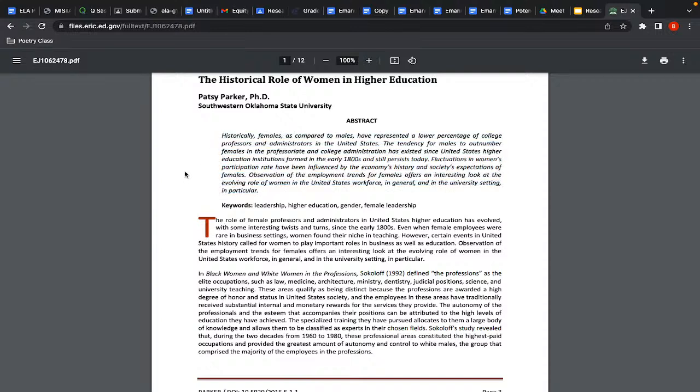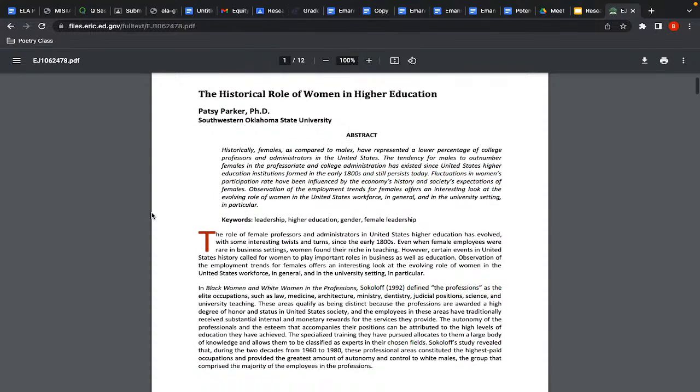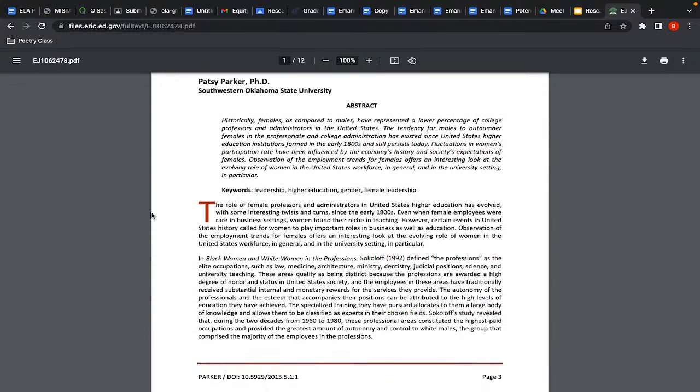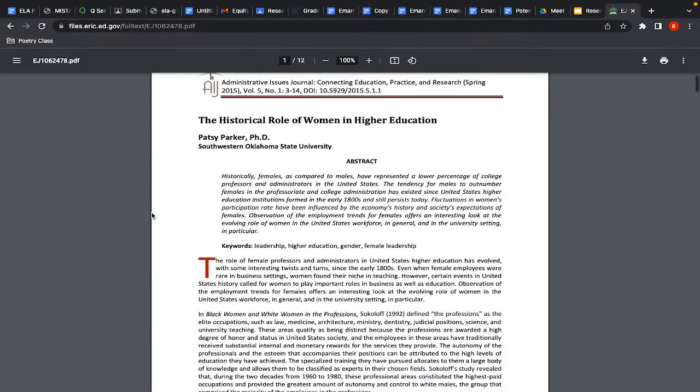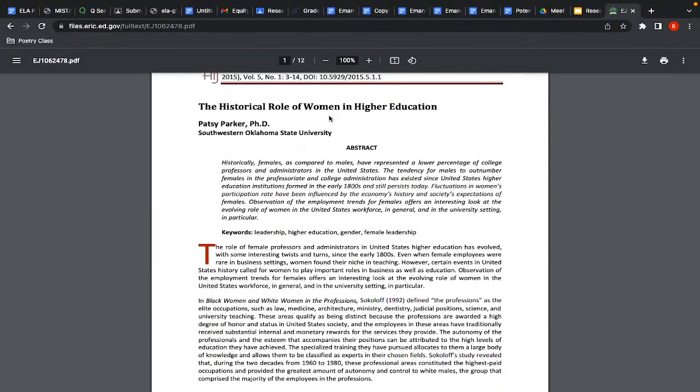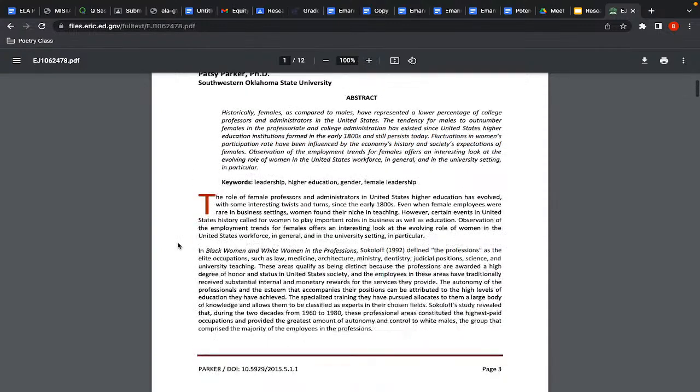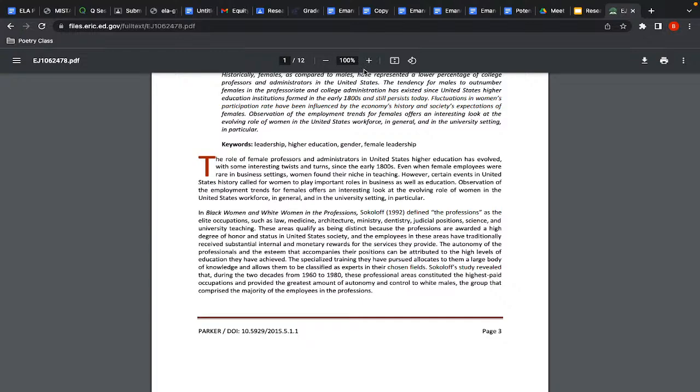It's going to give you a 1 paragraph summary of what you're about to read. I've already looked over this just a little bit. I have a good sense that it's what I'm looking for. The title of it is The Historical Role of Women in Higher Education. Let me enlarge this a little bit.